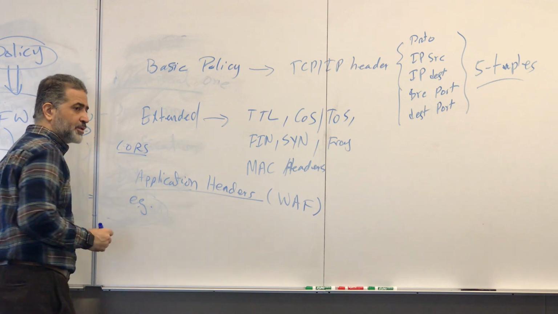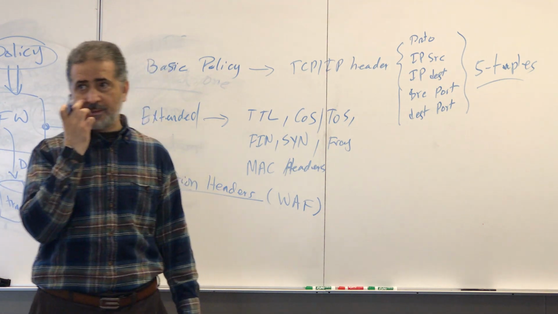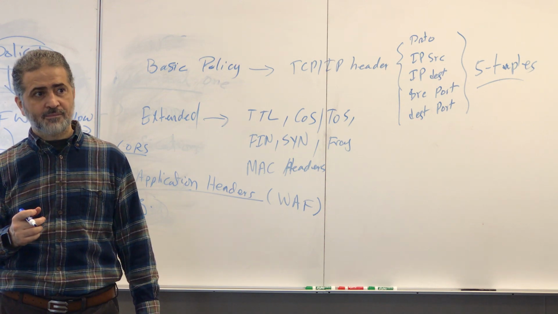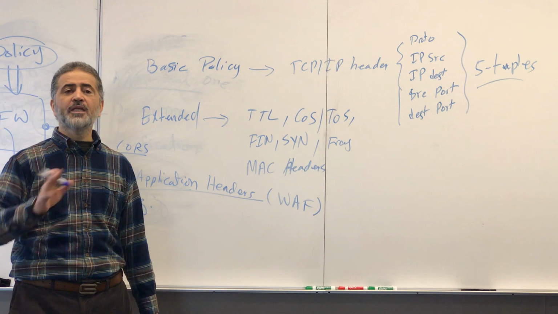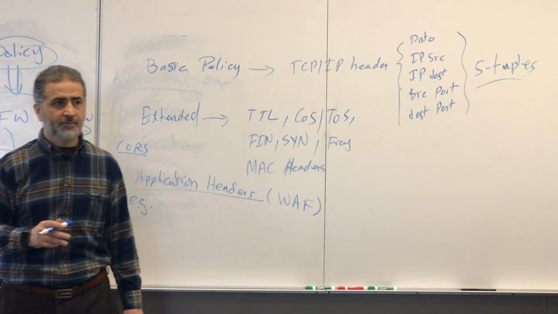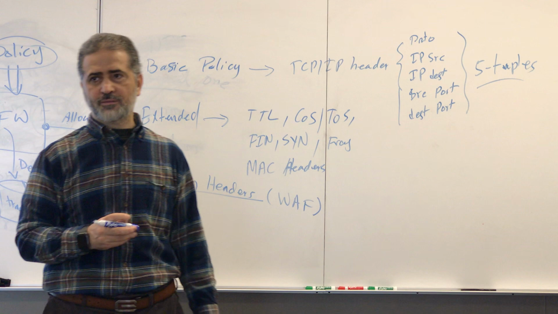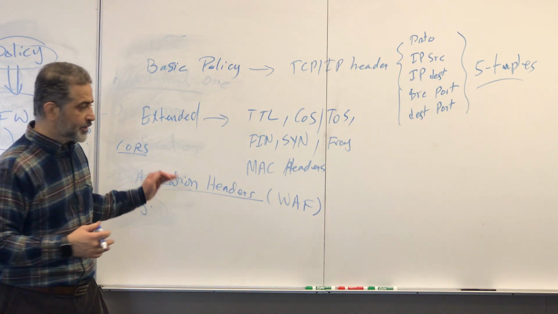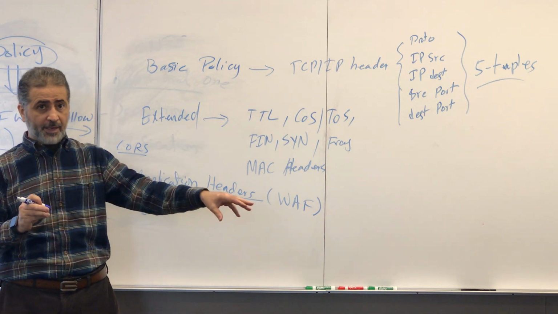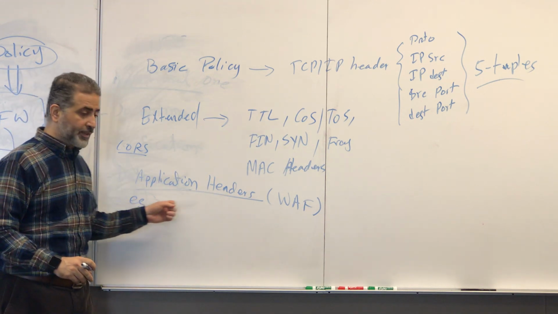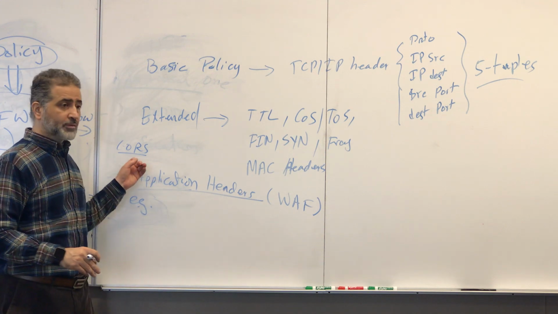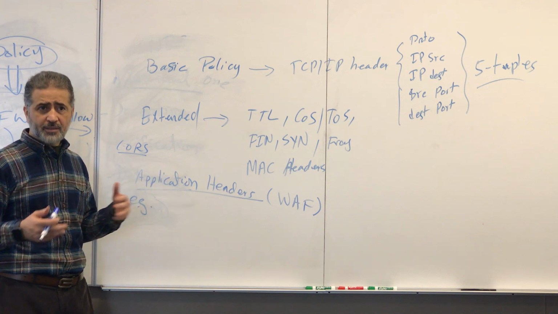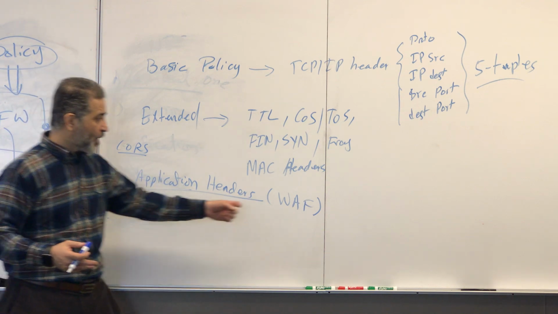Okay, I don't know about this part of technology, but if there is anything that allows you to filter packets, meaning deny or allow a packet based on the application header, it's called a firewall. They name it CORS or they name it anything else. It's just a naming, but it's a concept. It's a firewall, like WAF.